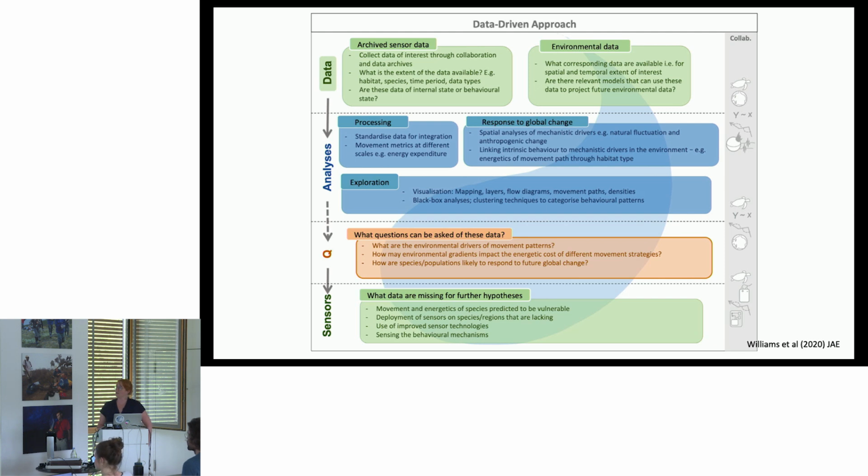A lot of us will put out these IMU sensors to see what we get without having a question and then try to figure it out afterwards. There's a lot of words of warning in all of those slides that would maybe say do it the other way and do a question-driven instead of data-driven approach.